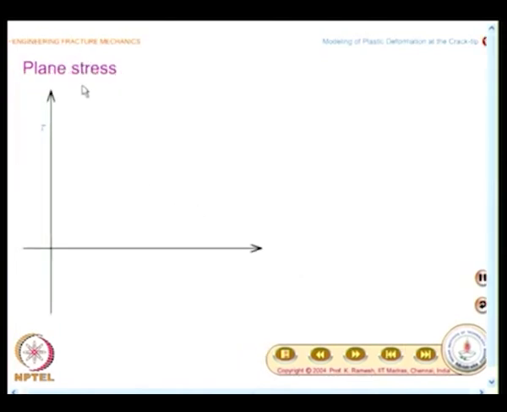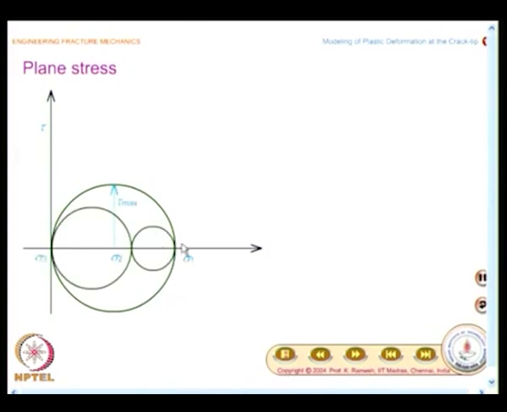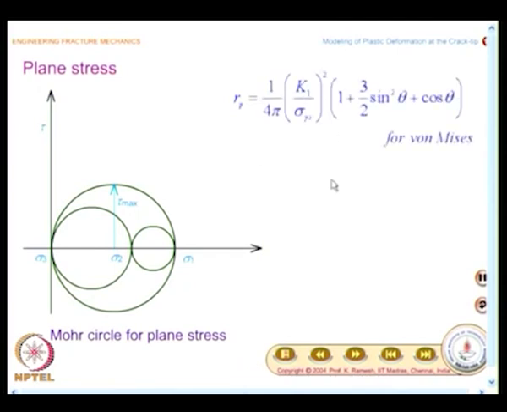And for the case of plane stress, I had already drawn your attention, and that is drawn in the case of Mohr's circle. You have the 0 stress, this is to be taken into account, and you have the value of Rp as a function of theta given like this, and these expressions would change for the different yield criteria.